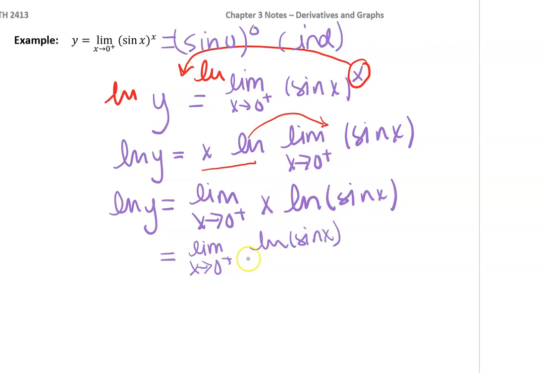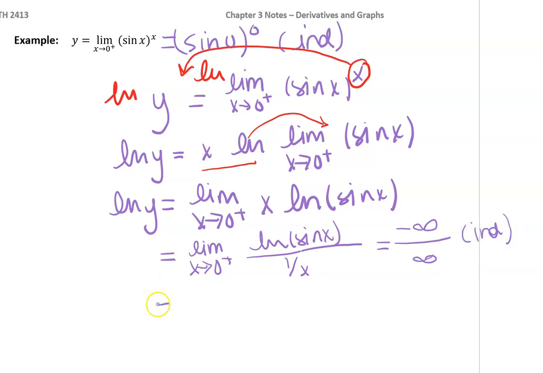I can manipulate this x to put it in the bottom and call it x to the negative 1, or like we saw before, that is the same thing as if we wrote 1 over x, but that helps us to get it to an indeterminate form. Plugging in 0 coming from the right to your sine x is actually going to give us a negative infinity over 1 over x, which is also an infinite. And so this is indeterminate.